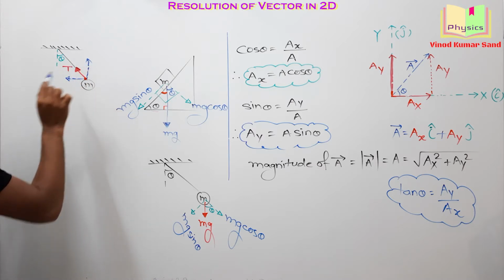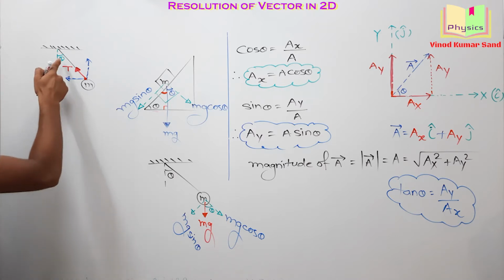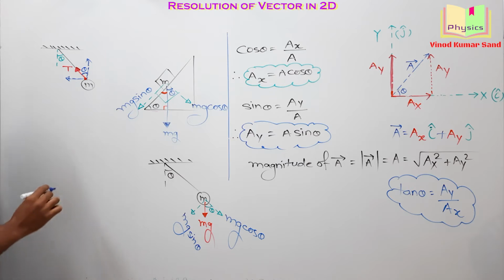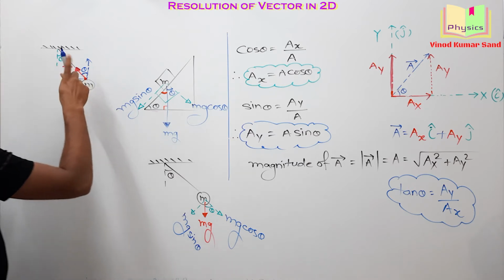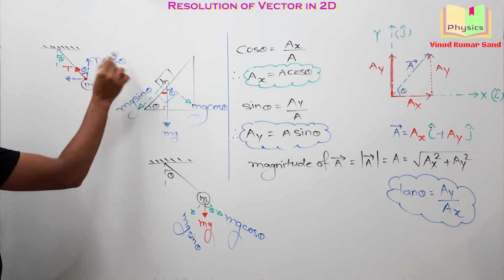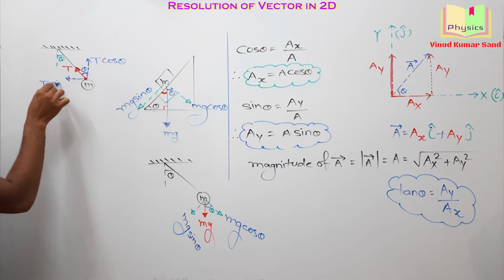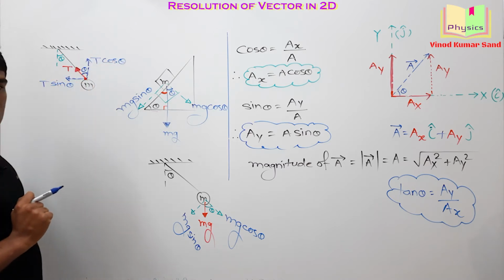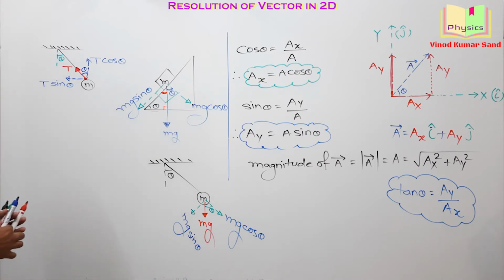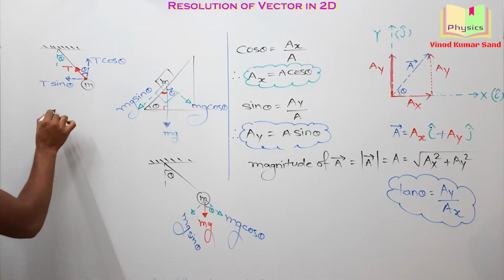Do you agree? Now, if this angle is theta, how much should be this angle? It should also be theta. And the T here will have the component T cos theta and this one will be T sin theta. Do you agree?